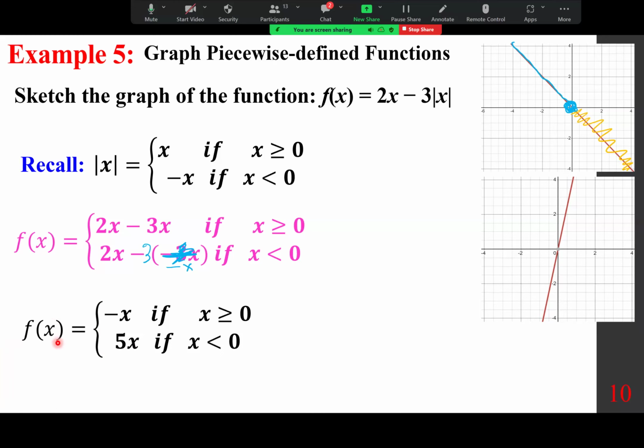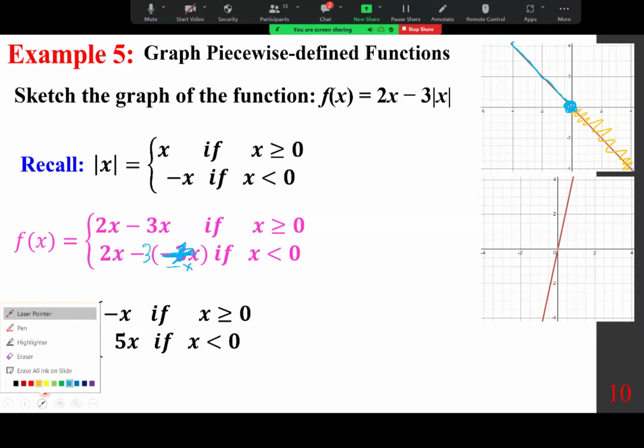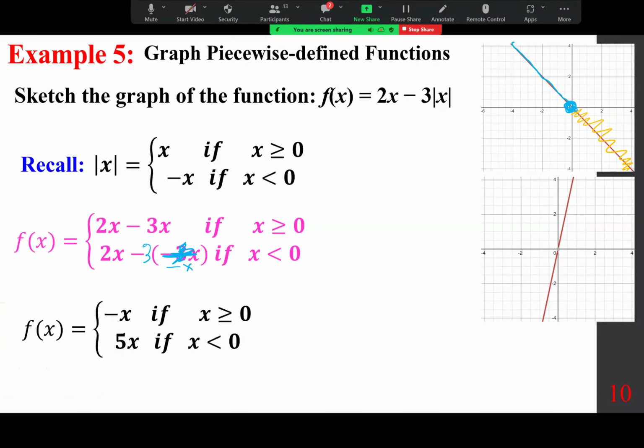For this part, f of x or y equals 5x. This is when x is less than 0. That means this part is out. The other part is the solution.